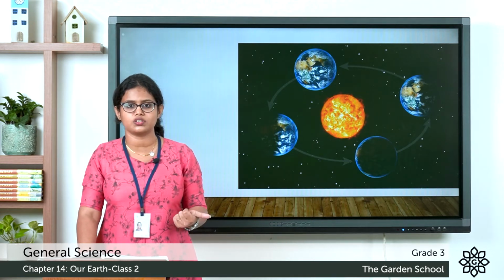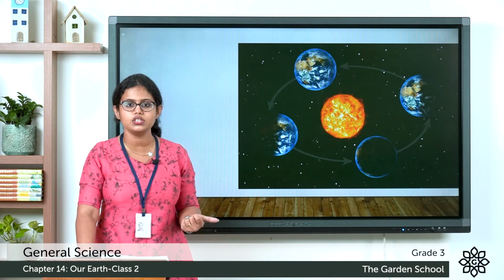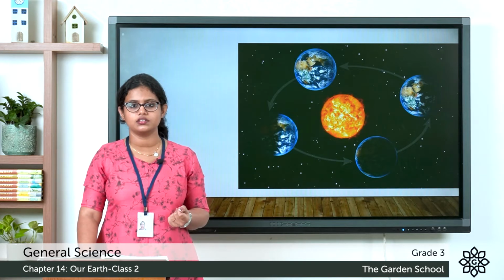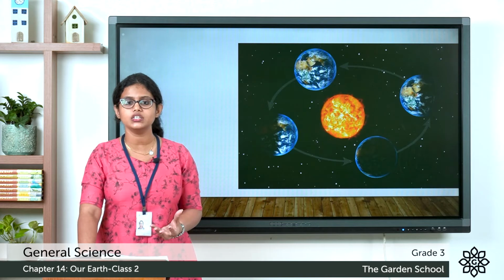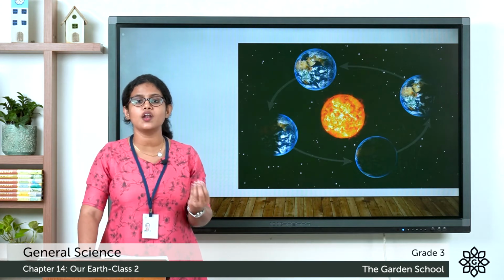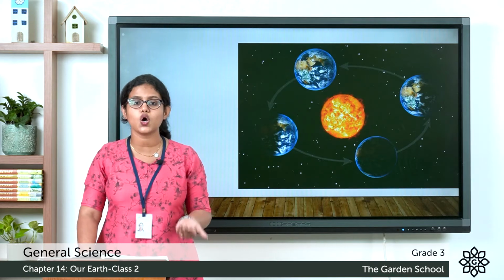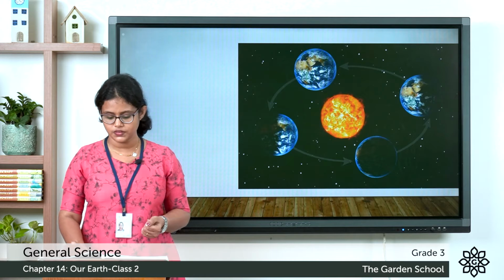What is rotation? The movement of the Earth on its axis. The day and night occur due to rotation of the Earth. Then we learnt about revolution, the movement of the Earth around the sun in an orbit. And seasons occur due to revolution of the Earth.